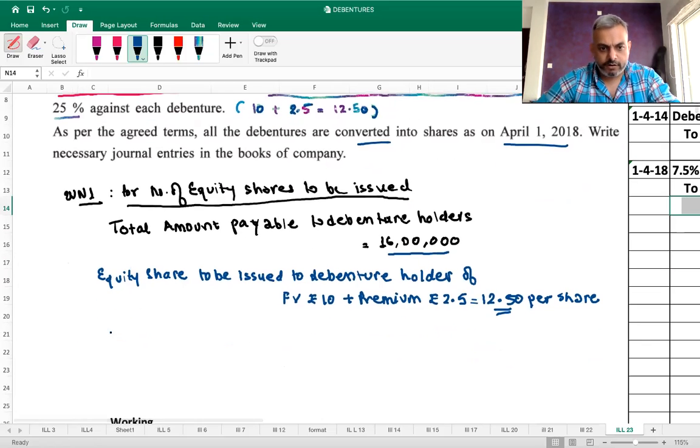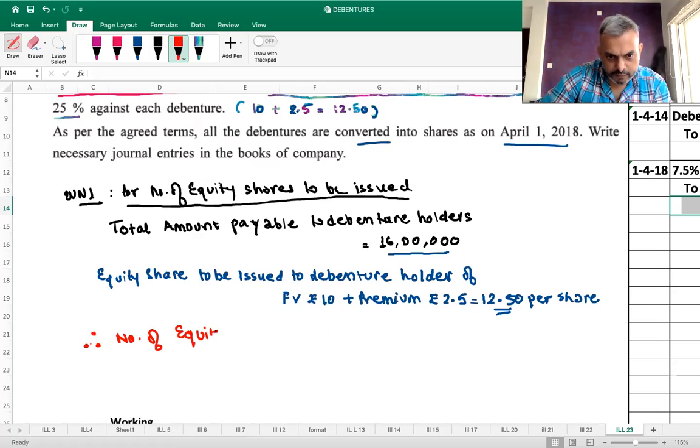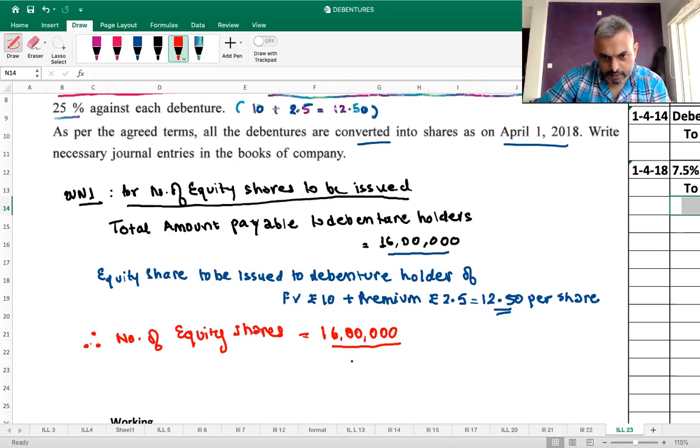So let's calculate. Therefore number of equity shares is equal to 16 lakh divided by 12.5.